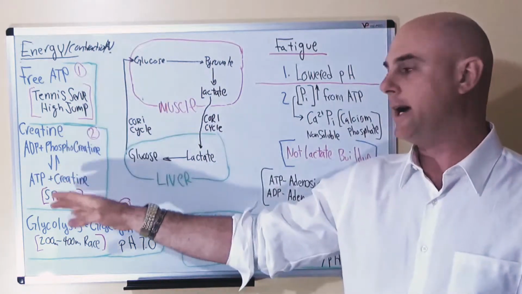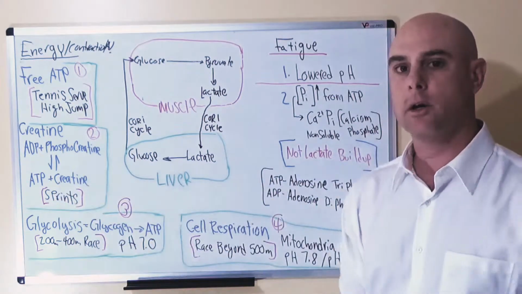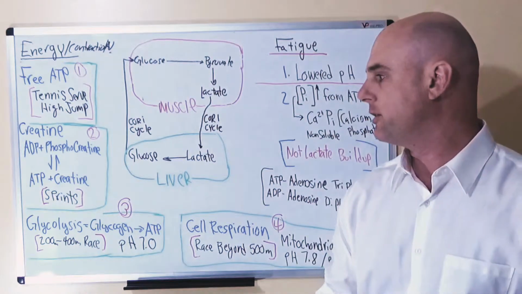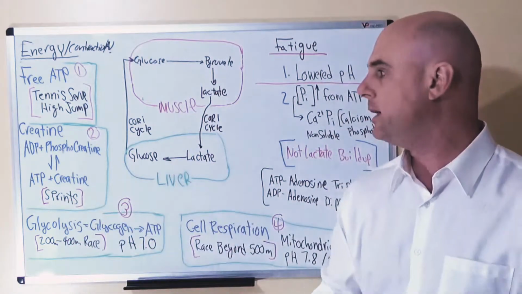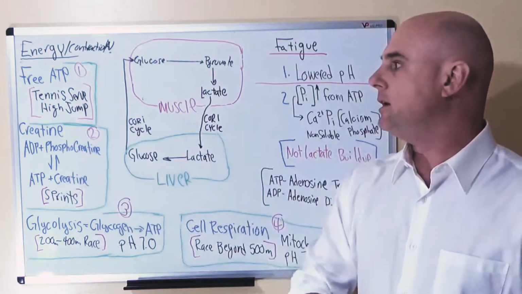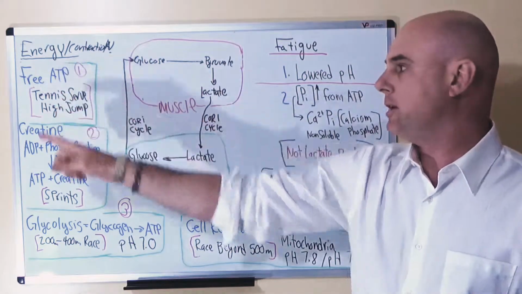Beyond that, if you are going to sprint, like your dog gets loose and you have to chase it, or you're chasing a bus, or you're just doing sprints for training, then the body can use creatine to recycle this free ATP.